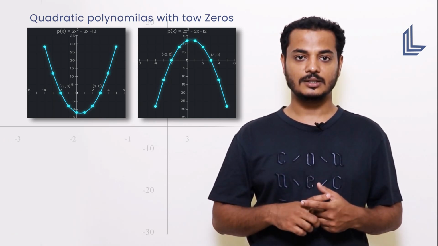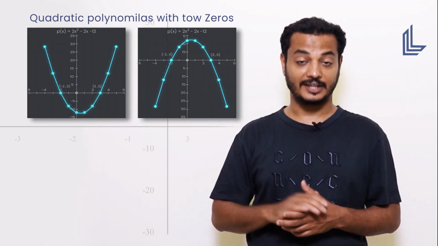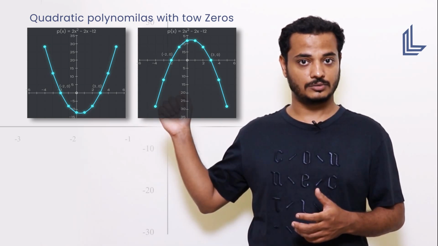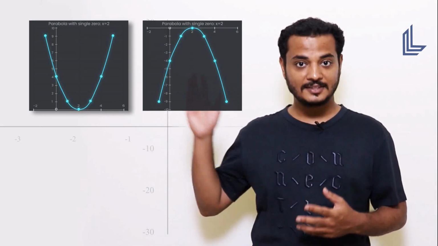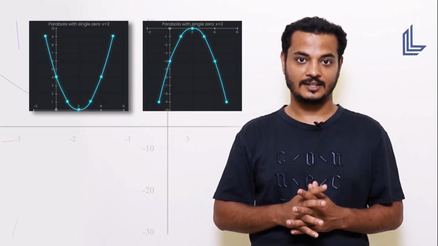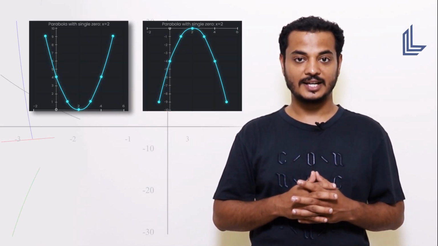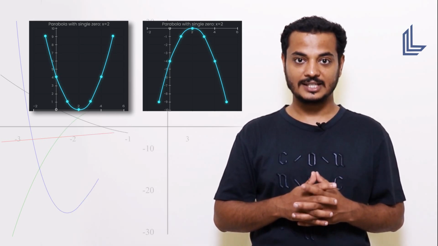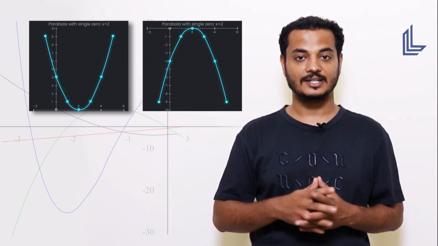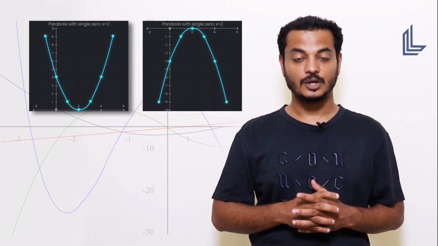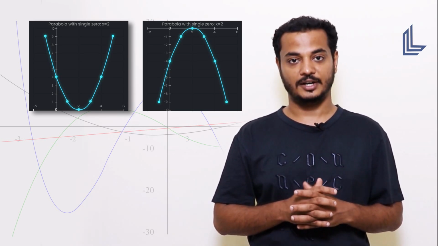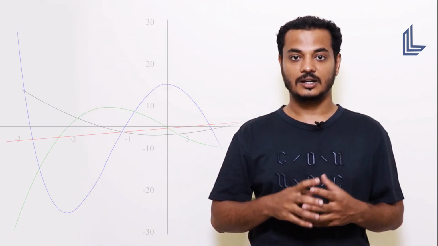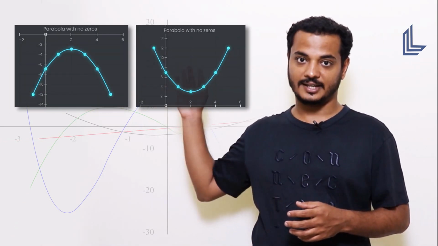Now consider this parabola. We can obtain such a parabola also for some quadratic polynomial. Now consider these two cases. Looking at the parabola, you can easily see that this parabola intersects the x-axis at only a single point, which means there will only be a single zero for these quadratic polynomials. Now consider these cases.